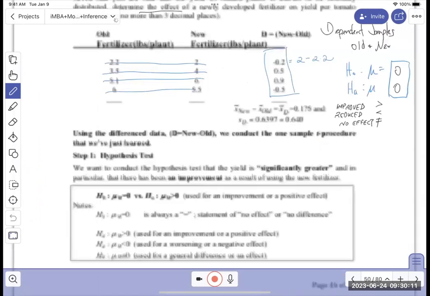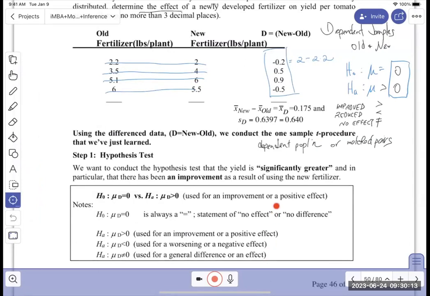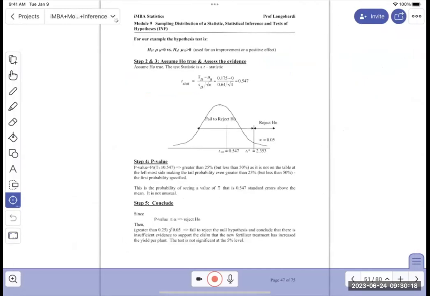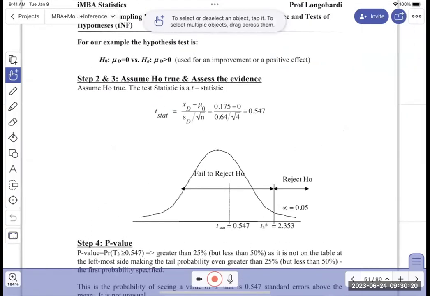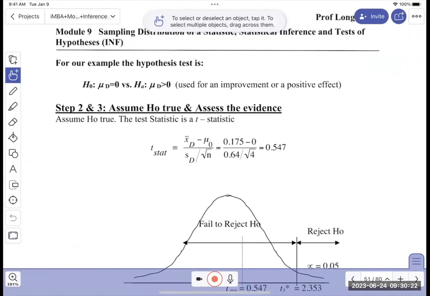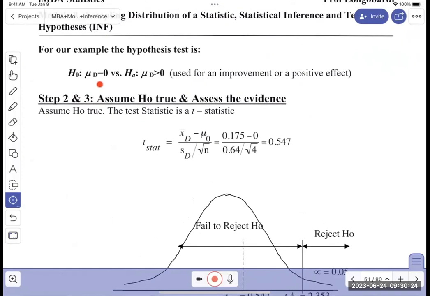Okay, so I just summarized down here the different things you would do. All right, so this is my test. And when I started doing T distribution, I said to you, I'm going to just do assume and assess in one step and just calculate the T stat.